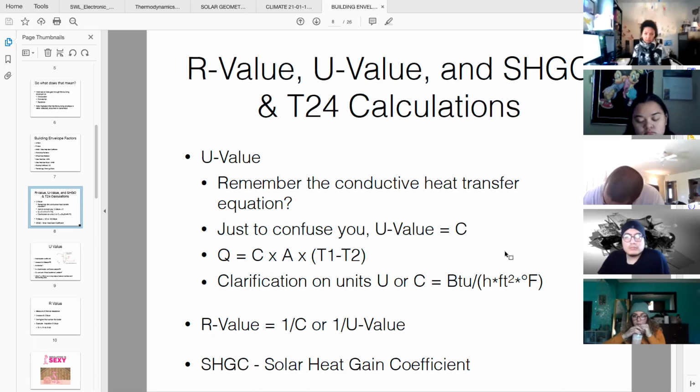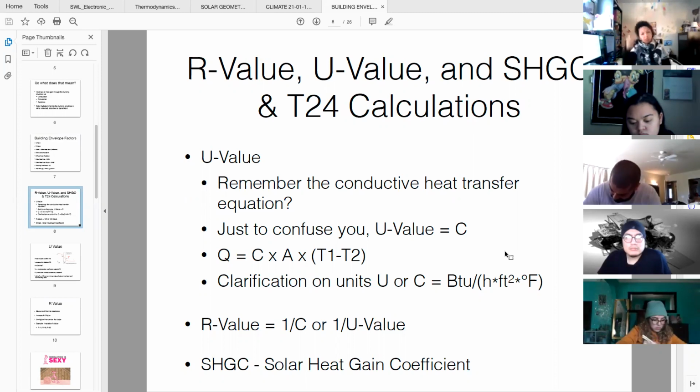So our heat transfer equals the U value times the area, because it's talking about the surface area, times the temperature differential from the outside to the inside, or from one room to another room, or from one surface to an air surface. And remember that heat is going to want to try and be at equilibrium.